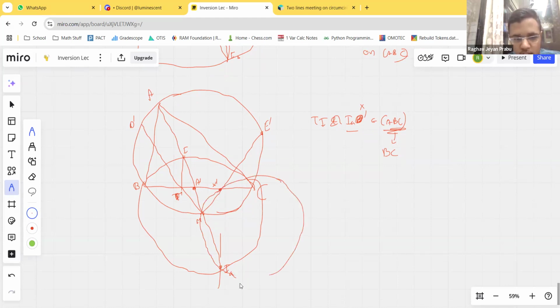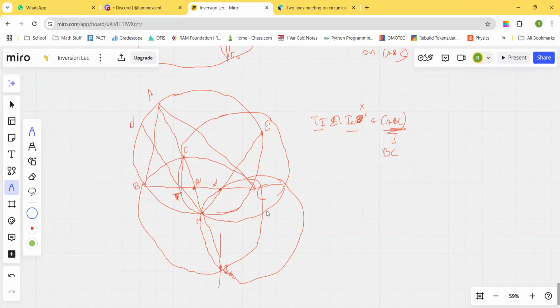If you look at TI, T becomes T dash and I remains the same. So you want to show that these two circles actually intersect on BC. Has everyone understood this? Yeah.